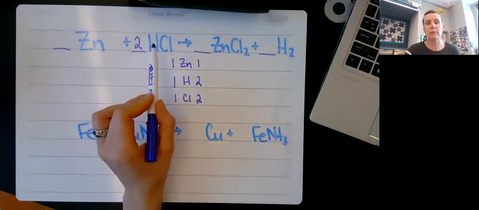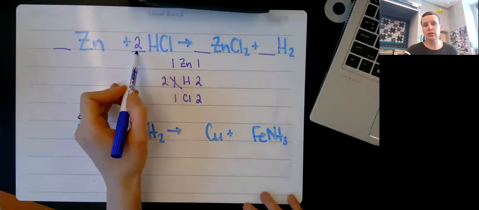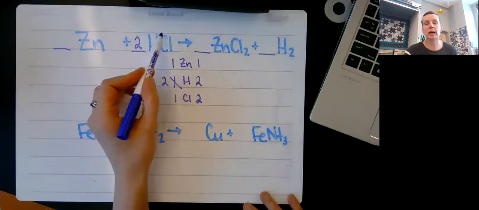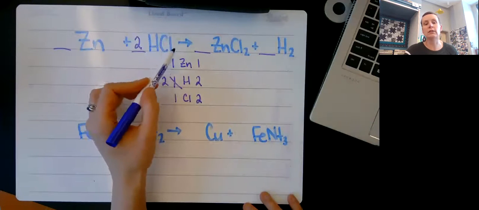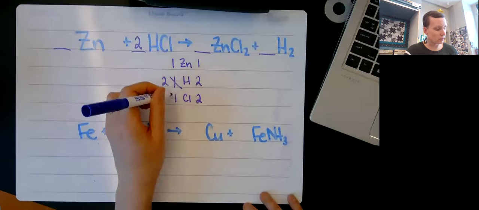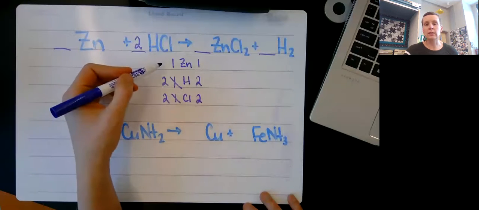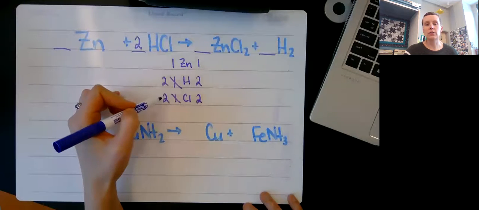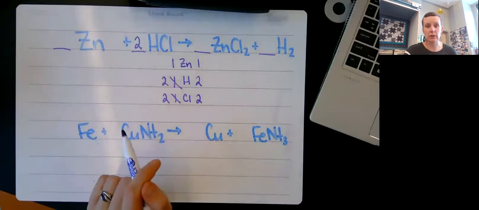So 2 times 1 is 2. But that doesn't just apply to the hydrogen, it applies to my entire substance, my hydrochloric acid. So I also have 2 chlorines over here now. So I cross this out and write a 2. Then you'll notice 1 zinc on each side, 2 hydrogens on each side, 2 chlorines on each side. So I am done with this chemical equation.